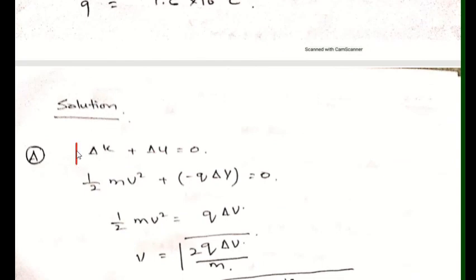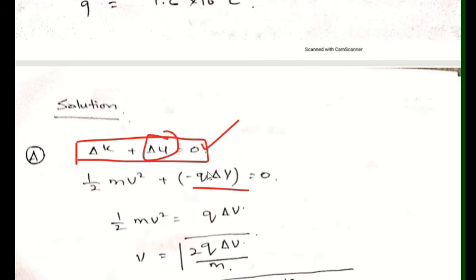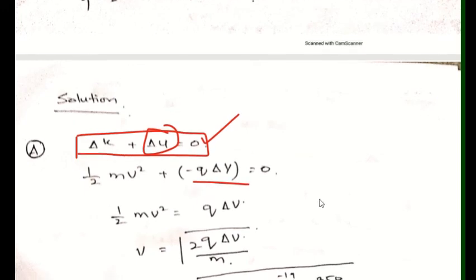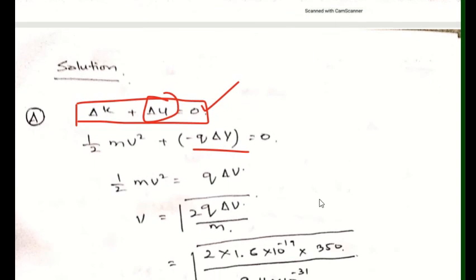To solve this, we again use our previous knowledge, that is conservation of energy: change in kinetic energy plus change in potential energy is equal to 0. In this case, the potential energy is minus q delta V. We have a minus sign over here because we are talking about electrons. So kinetic energy is 1 by 2 mv square plus minus q delta V, that is for the potential difference.